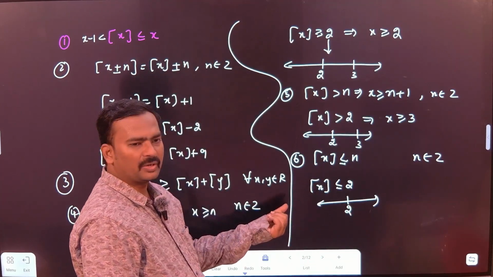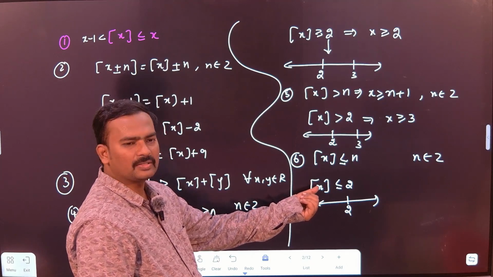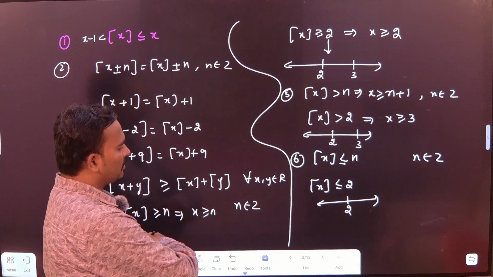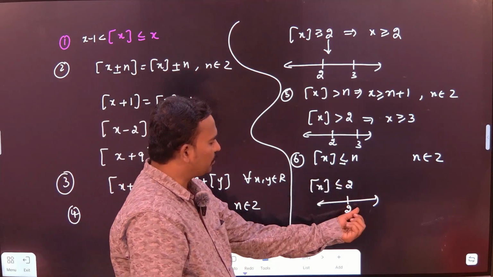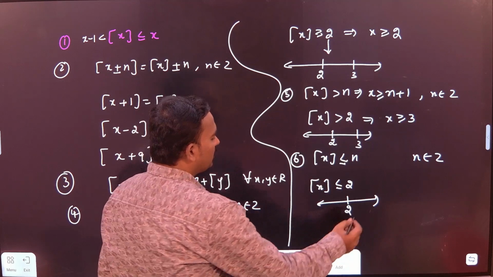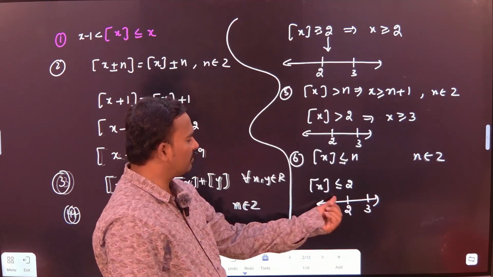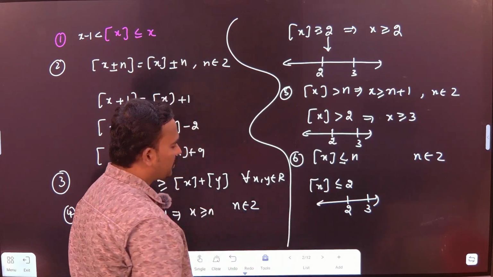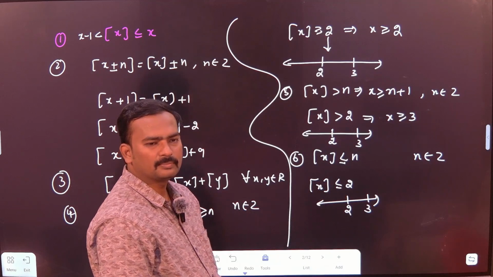Let's take less than 2, say 1.5. Its greatest integer function is 1, and 1 is less than or equal to 2, which is possible. Let's take more than 2: between 2 and 3, 2.5 has greatest integer function 2, and 2 is less than or equal to 2 is possible. If I take 3, 3 less than or equal to 2 is not possible.